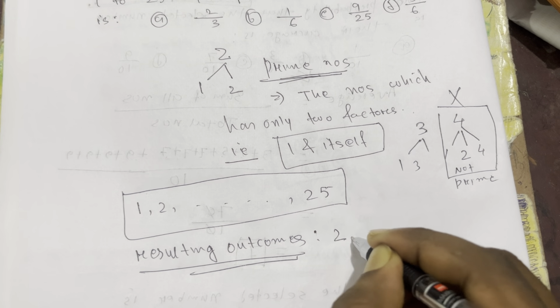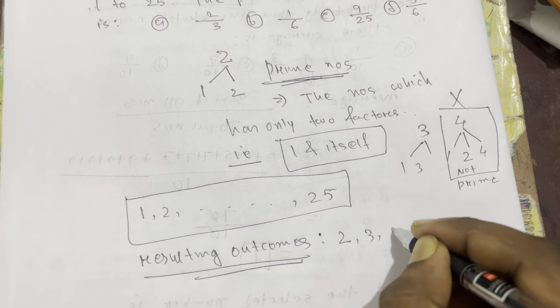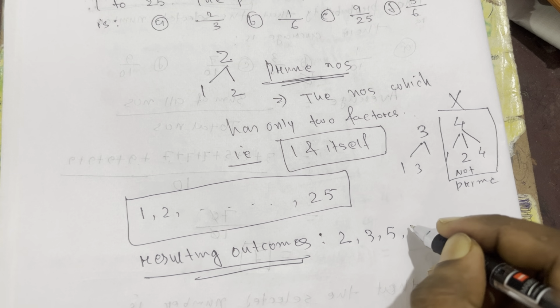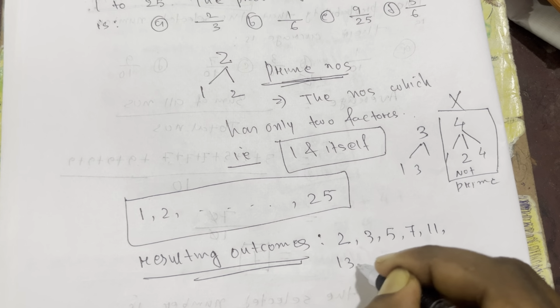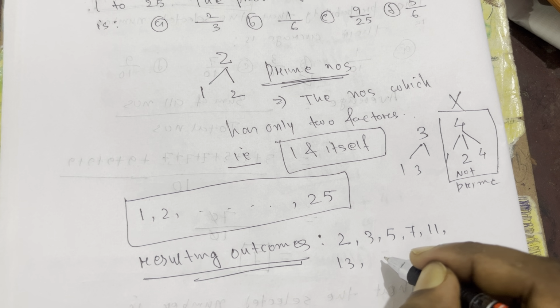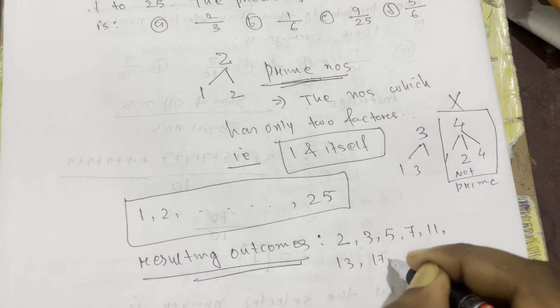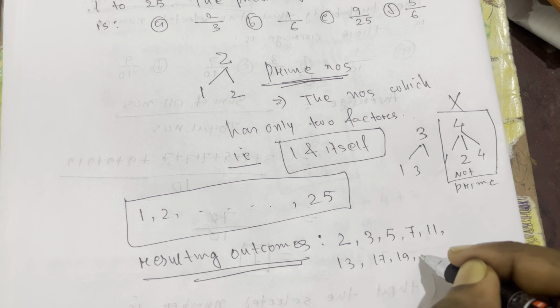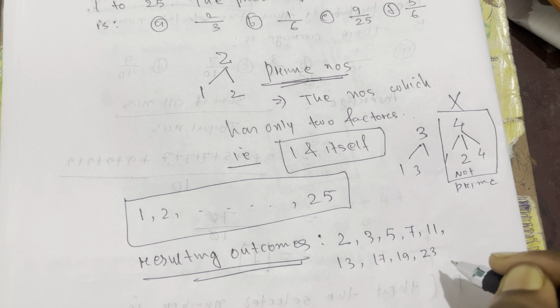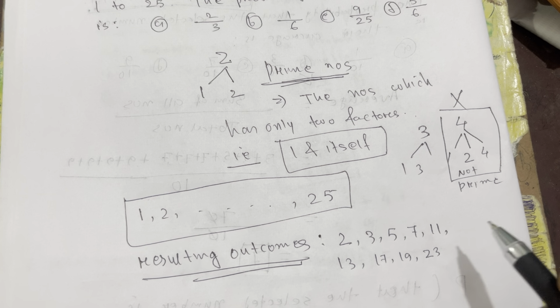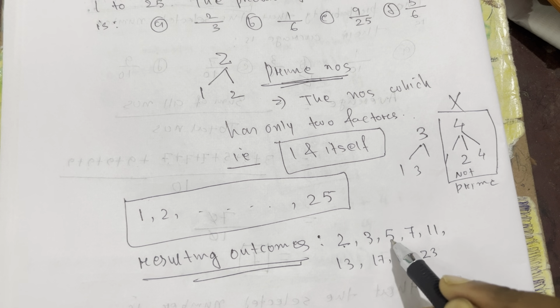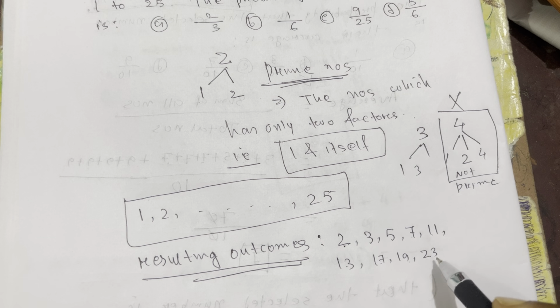2 is prime, 3 is prime, 5 is prime, then 7 is prime, then 11 is prime, then 13 is prime, then 17 is prime, then 19 is prime, then 23 is prime, and 25 is not prime. So out of 25 how many numbers are prime? 1 2 3 4 5 6 7 8 9.